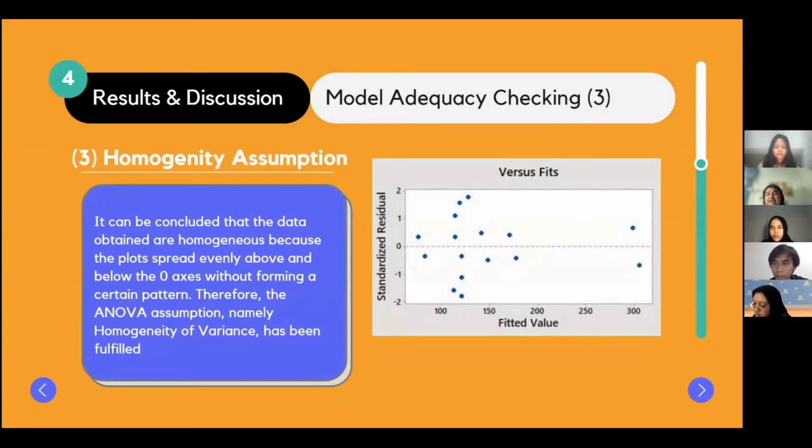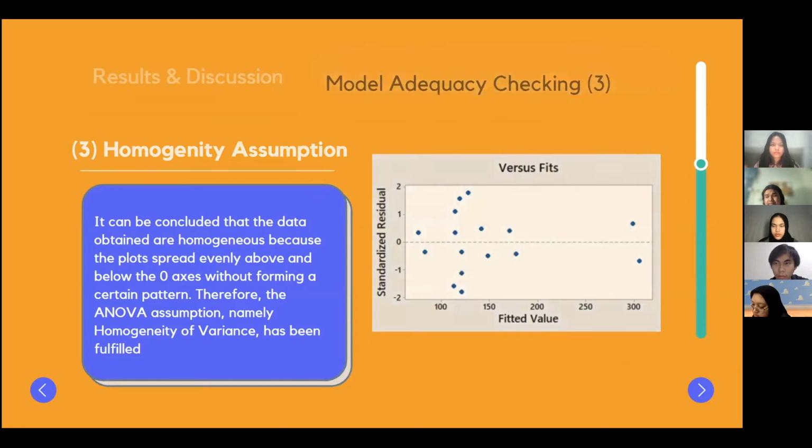So the next assumption is the homogeneity assumption. As shown on the slide, it can be concluded that the data obtained are homogeneous because the plot spreads evenly above and below the zero axis without forming a certain pattern. Therefore, the ANOVA assumption, namely the homogeneity of variance, has been fulfilled.